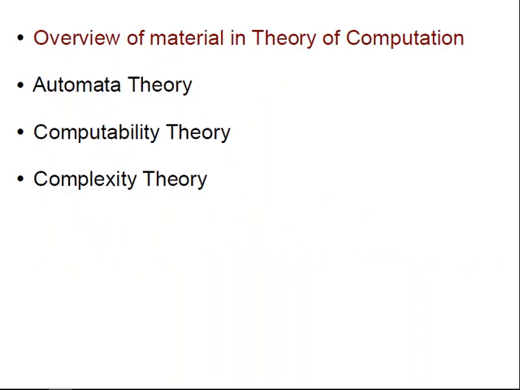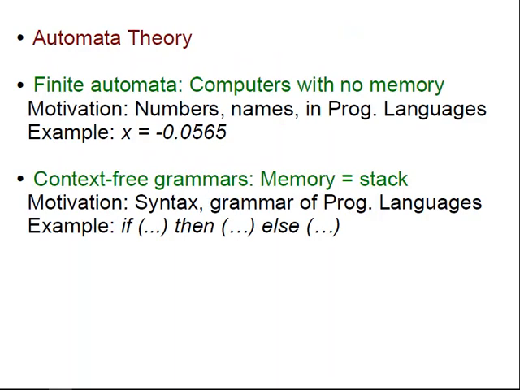So let's do now some overview of the material in theory of computation. We're going to see automata theory, then we're going to see computability theory, and then we will see complexity theory. So automata theory will start with the finite automata.